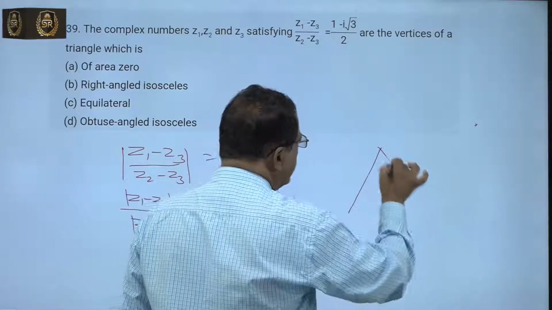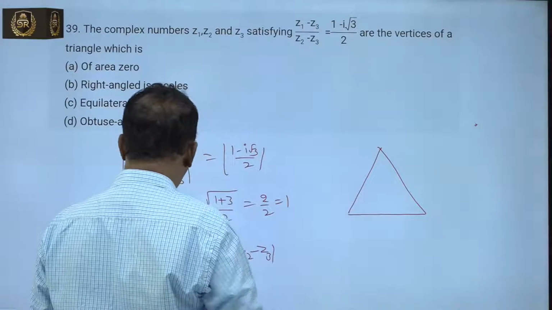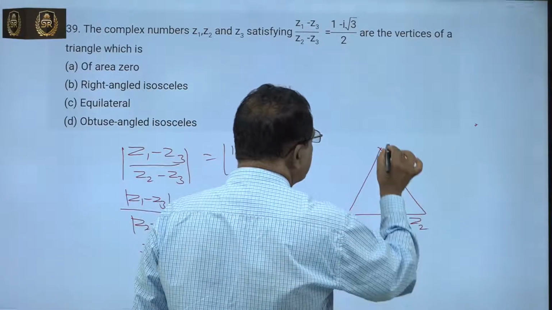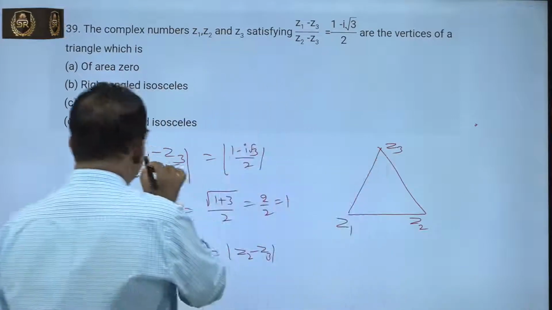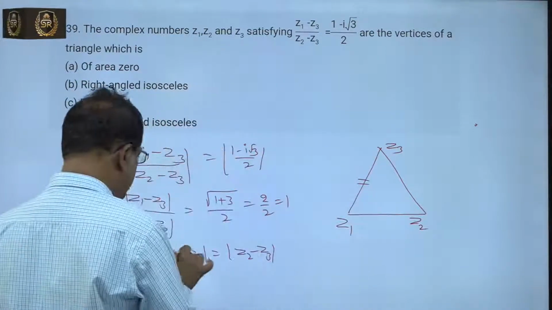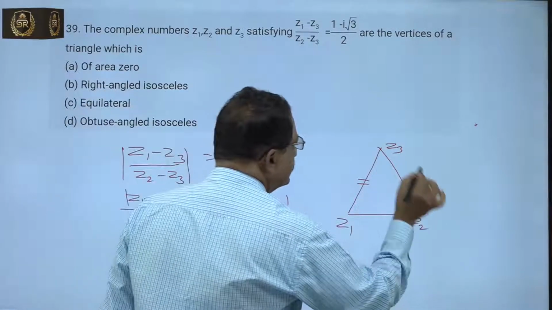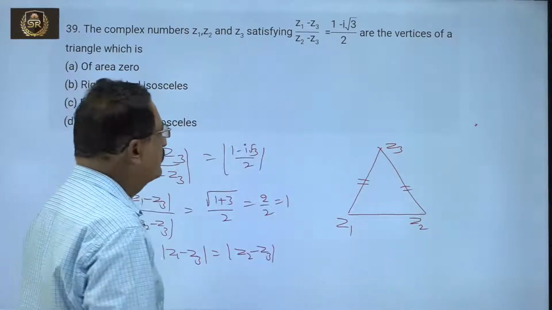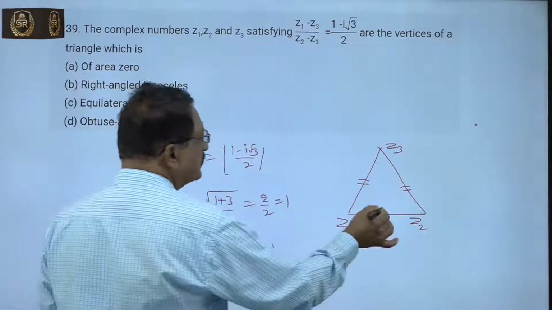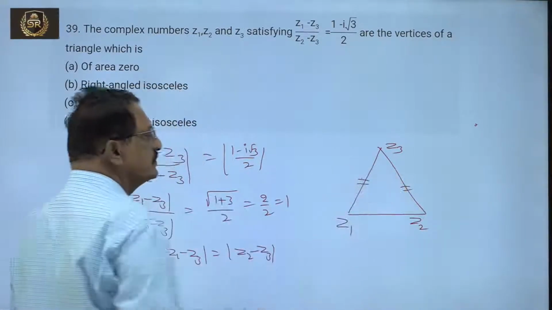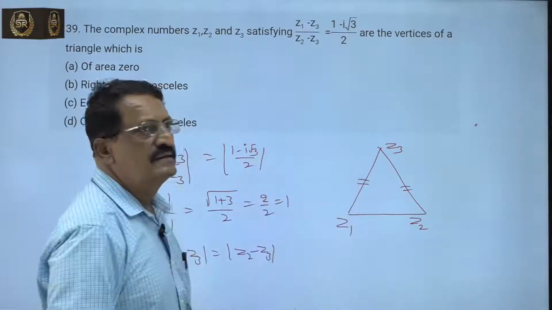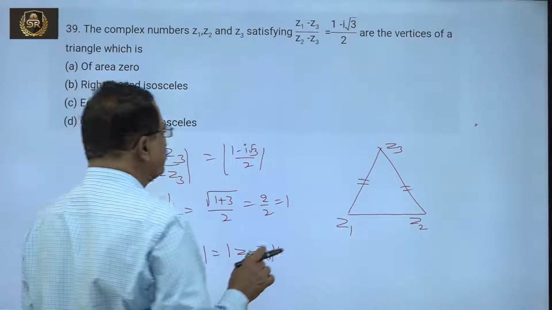Suppose the triangle is Z1, Z2, Z3. Z1 minus Z3 is the distance between these two points, and mod of Z2 minus Z3 likewise; both are equal. Two sides are equal. If the third side also equals these two sides, it is equilateral. If the third side does not equal these two sides, it is isosceles.